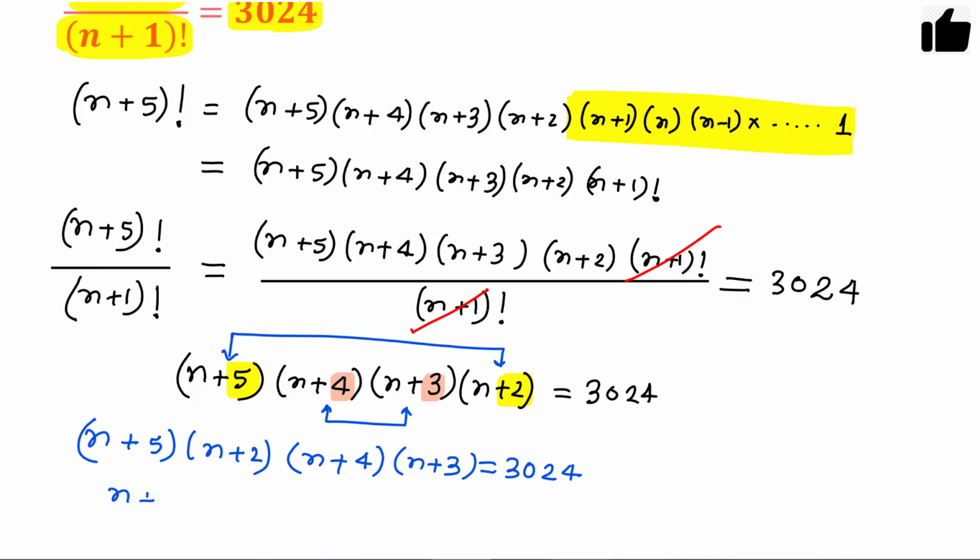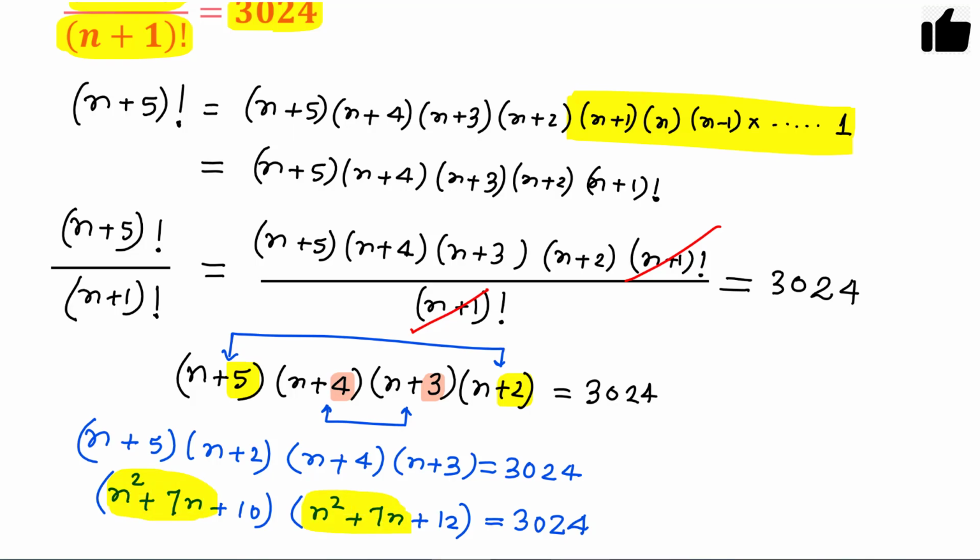If we multiply, this will be (n^2+7n+10) times (n^2+7n+12), equal to 3024. You can see that the term n^2+7n is here and also here, so we can make a further substitution. Let t equal n^2+7n.